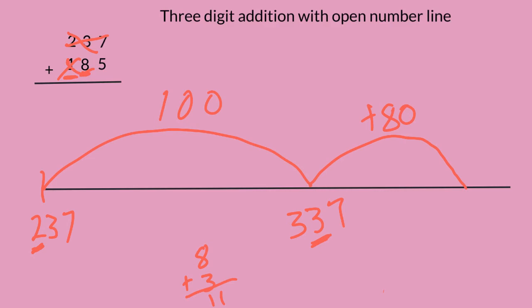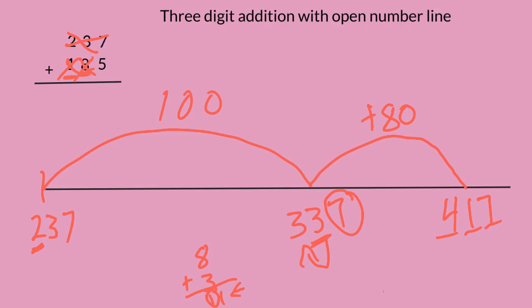What that means is we're going to take the 1, and it's actually going to make another 100. So now we're at 400, and you can see here there's 1 ten left. That'll be our tens place, and our ones stays the 7 still. And now we showed the jump of 80.